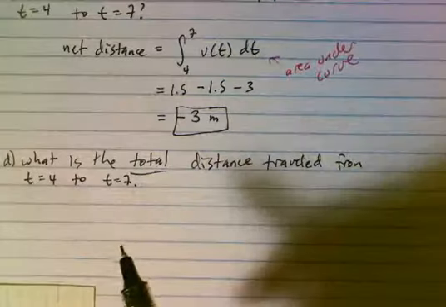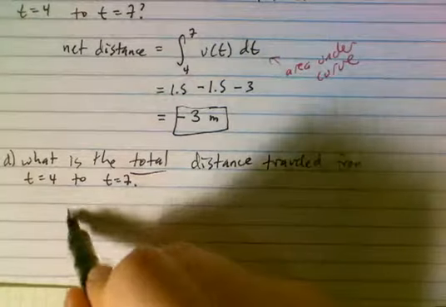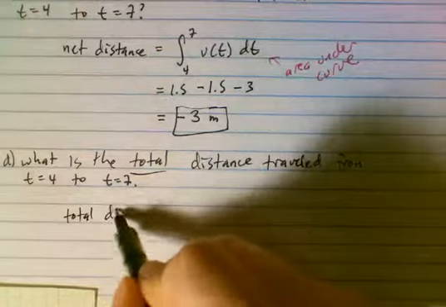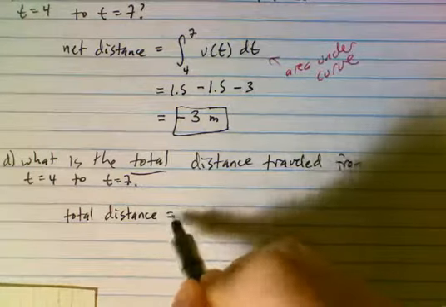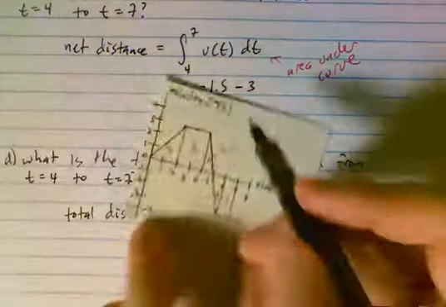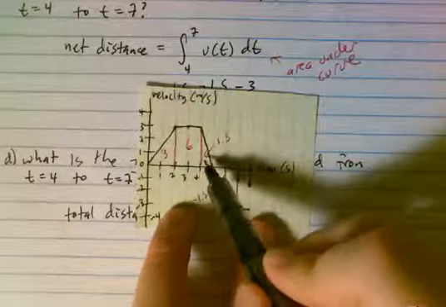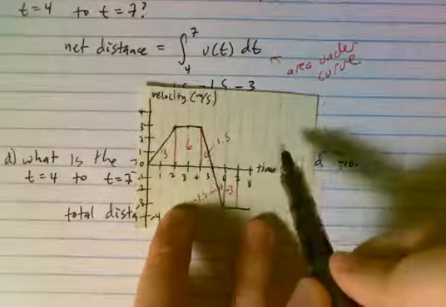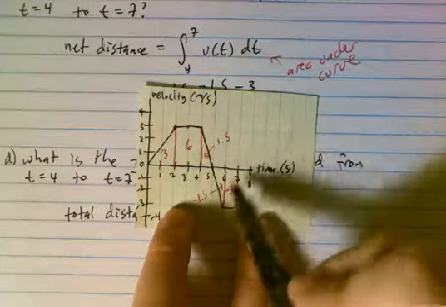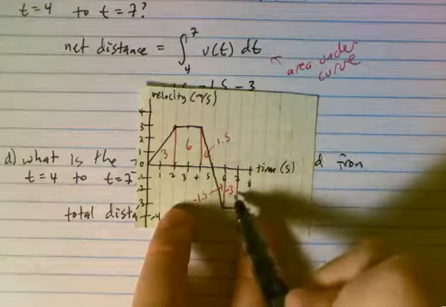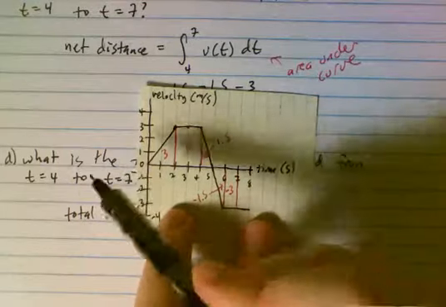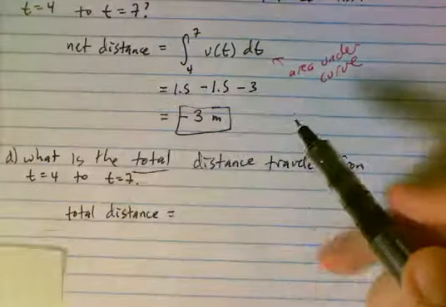Remember again from that first page that I had you memorize, total distance. That means that here, when we're traveling 1.5 meters to the right, that's part of the distance. But then this 1.5 meters here and this 3 meters here, where we're traveling to the left, still counts as distance in terms of total distance.